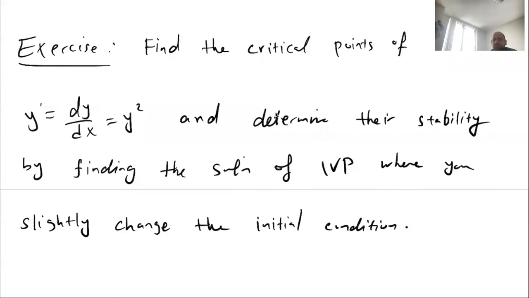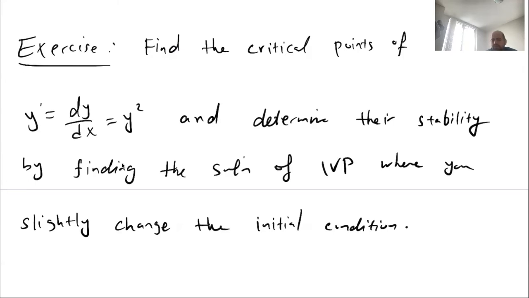So the critical point here, let me give you a hint. The critical point is just y equals 0, because if you set the right-hand side equals 0, you will have y equals 0. Now, if the initial condition is y of 0 equals 0, then the limit will be 0, of course. But if you slightly change that initial condition from y of 0 equals 0 to y of 0 equals 0 plus h, let's say, if h is a small positive or negative number, can we still say that the limit of the solution will be still 0?